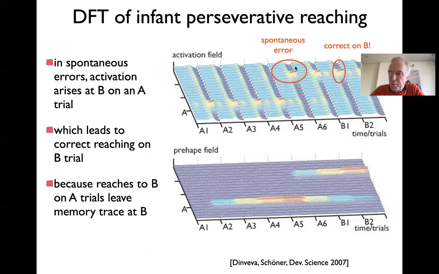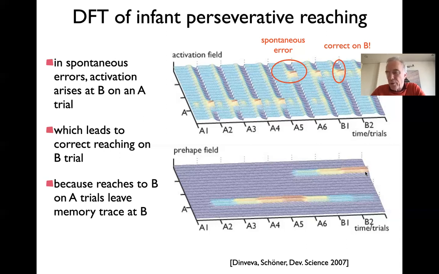And therefore, there's a prediction here that the spontaneous error will have a tendency to repeat itself. And you're going to reach correct on B, because when on a B trial, now you induce activation here, the boost will more likely lead to a peak at B based on the memory trace, because the memory trace has been changed now. Now perseveration will imply reaching correctly on B.